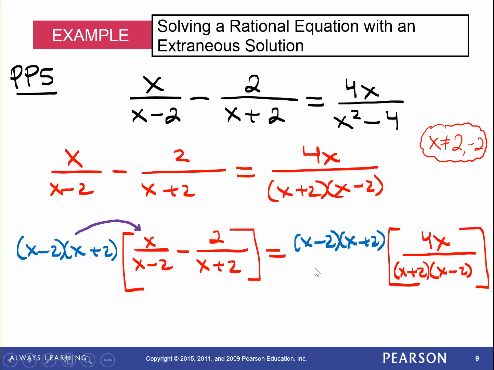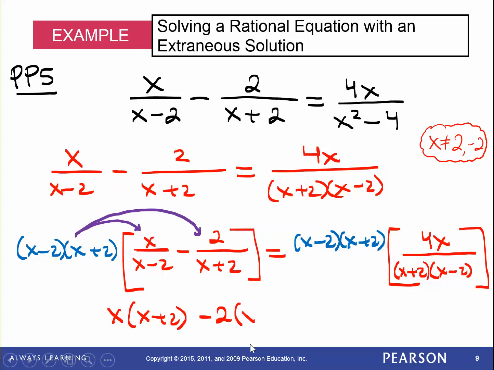And again, as things factor in, here x minus 2 cancels, so I get x times x plus 2. This one's a minus sign now. x plus 2's cancel.